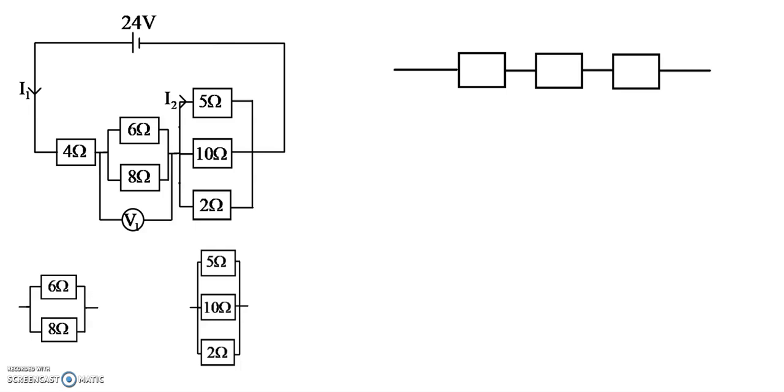Now, because there are 2 resistors in parallel, the equivalent resistance of those 2 will be equal to the product of them, 6 times 8, over the sum of them, 6 plus 8. So these 2 resistors in parallel are equivalent to a single resistor of magnitude 24 over 7 ohms.